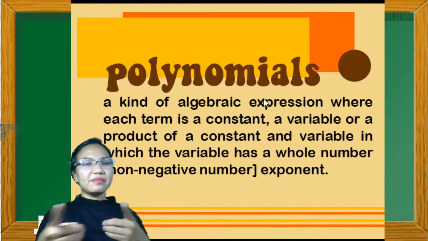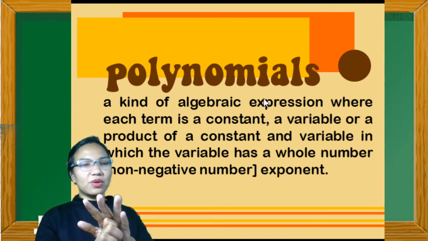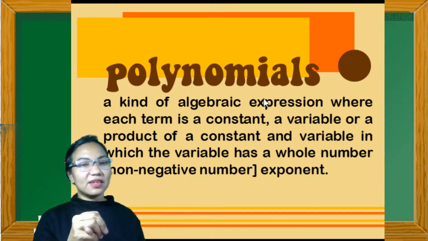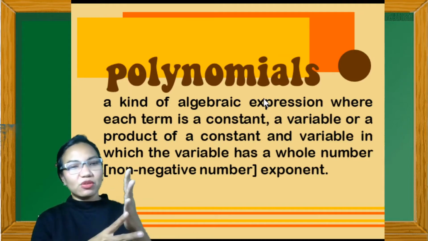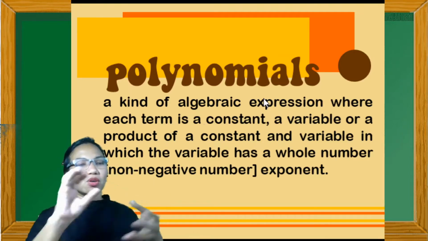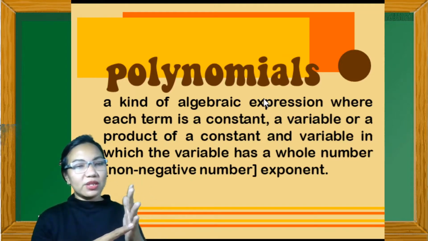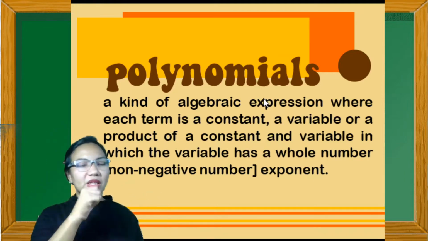Let's describe algebraic expression where each term is a constant, a variable, or a product of a constant and a variable. Giving emphasis that the exponent must not be negative.